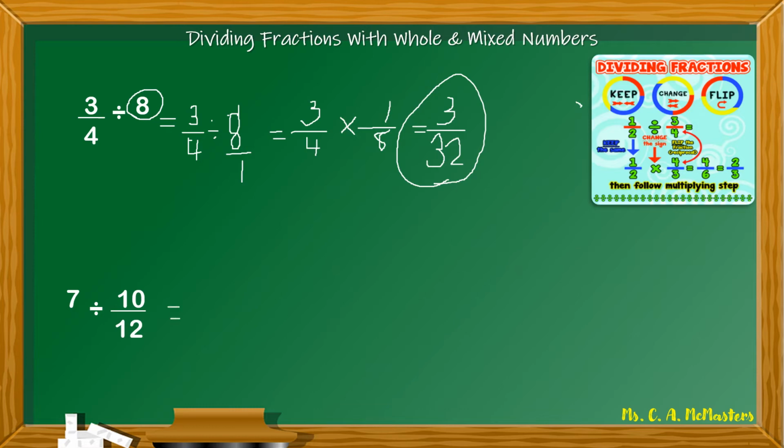All right, so let's have a look at this second one. In this instance, we have our whole number 7 being divided by the fraction 10/12. We're going to rewrite the division sentence by making the 7 into a fraction. To do that, we're going to put our 7 over a denominator of 1 and finish writing this out.